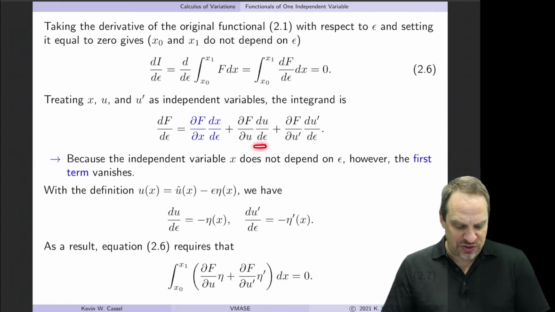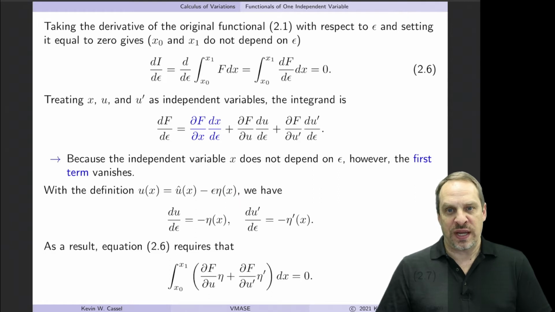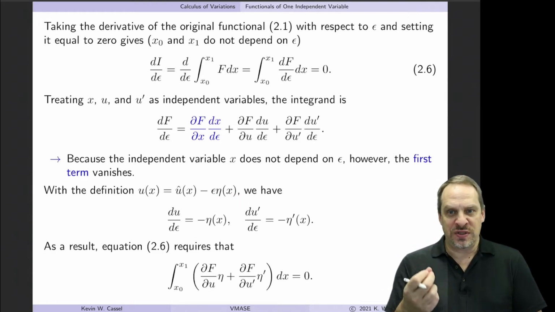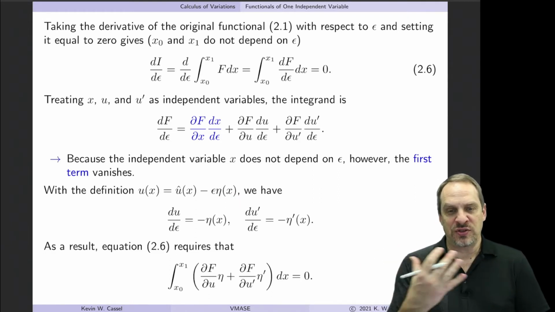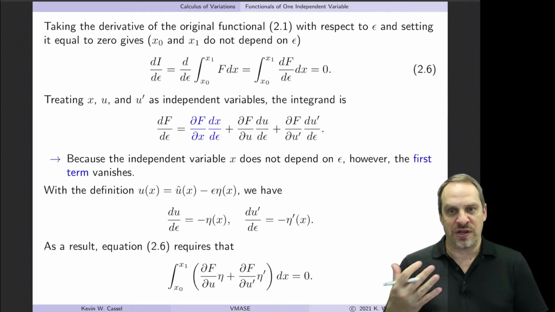Now you'll notice we have this du d epsilon here and du prime d epsilon. So let's go back to our u and how it's related to u hat. Remember, u is u hat minus epsilon times eta. Now remember, these epsilons and these etas are kind of this translation back and forth between differential and variational calculus.